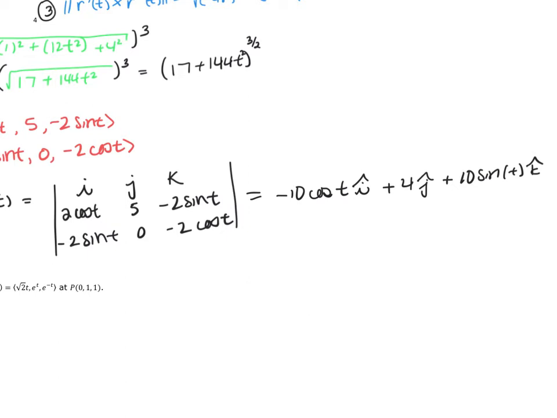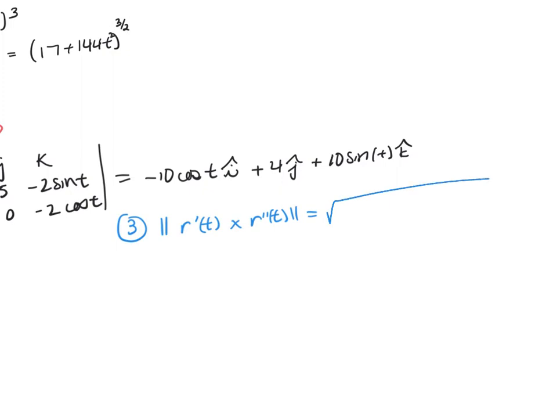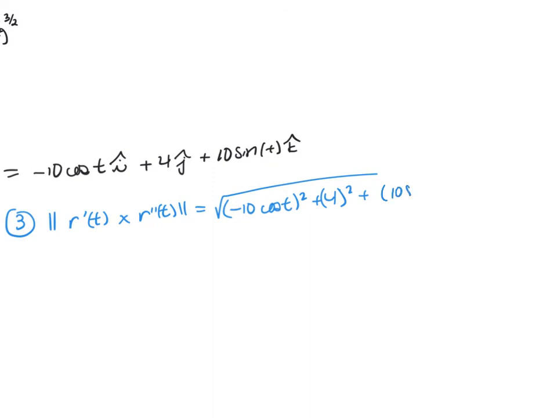Now its modulus, so that's my third step. Let's do it in a different color. Let's do it in blue. So we have r prime of t crossed with r double prime of t, and this is going to be equal to the square root of negative 10 cosine of t squared plus 4 squared plus 10 sine of t squared.